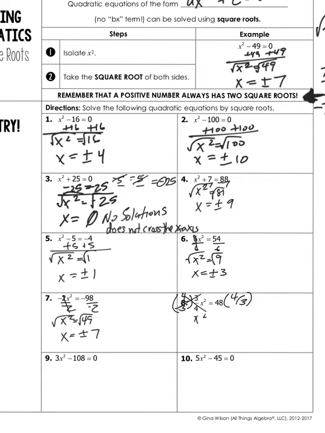Cancels out, and we get x squared equals, let's see, 48 times 4. That's 160 plus 32. That's 192. Divided by 3, that is 64. And the square root of each, x equals plus or minus 8.